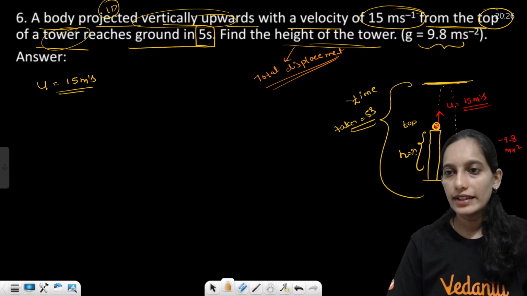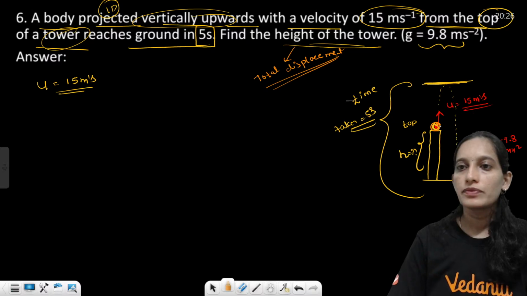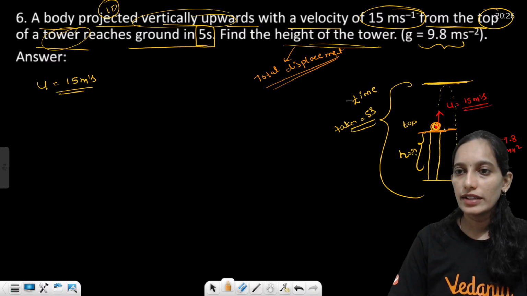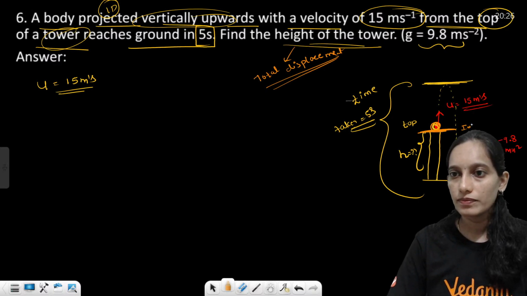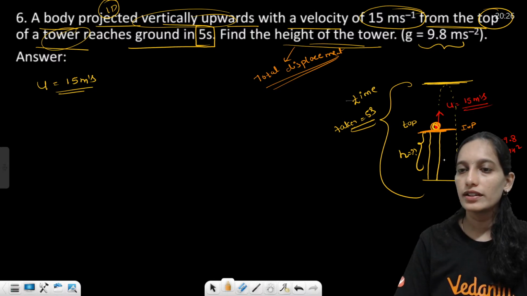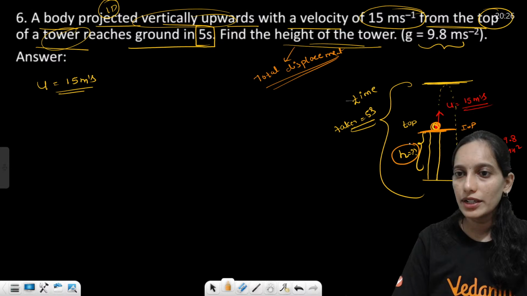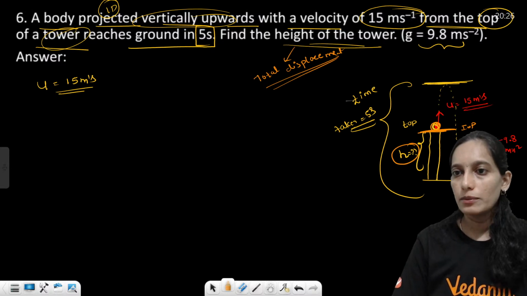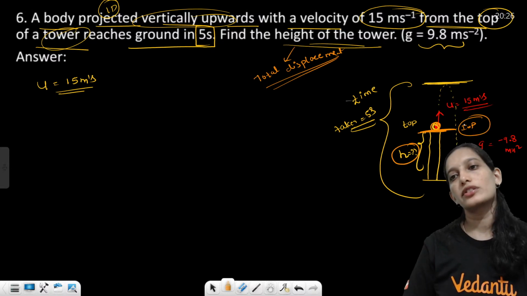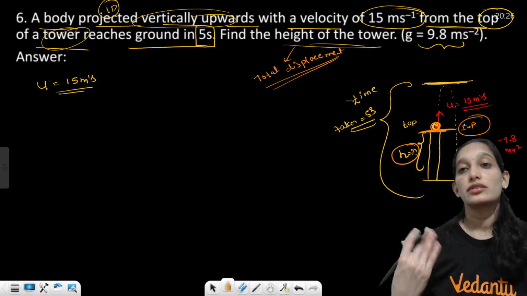For this particular ball, its initial position is this, its final position is this, correct? So height is nothing but the final position minus the initial position, which is the displacement.